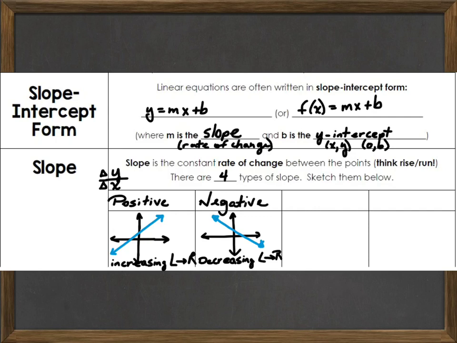Then we also have zero slope. Zero slope is a horizontal line, and you just have to memorize these. It's easy to confuse zero and undefined or no slope, but zero is a horizontal line.